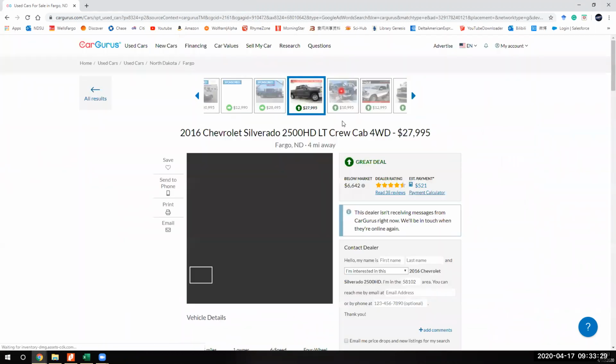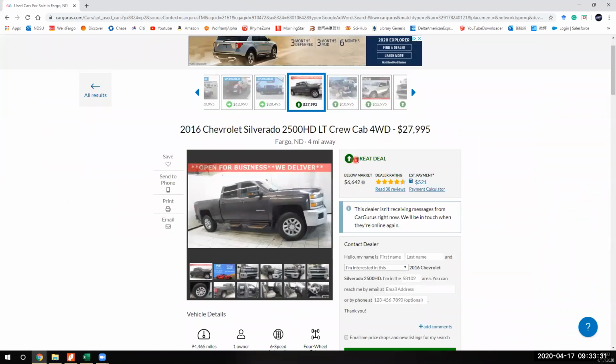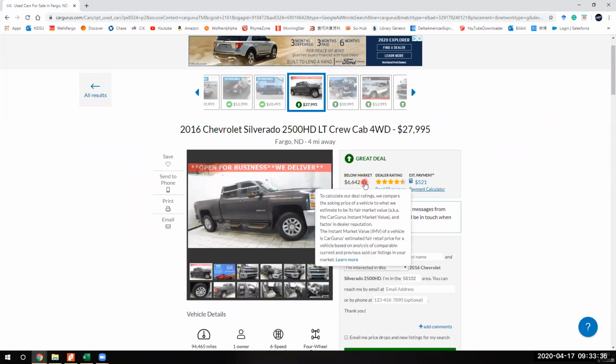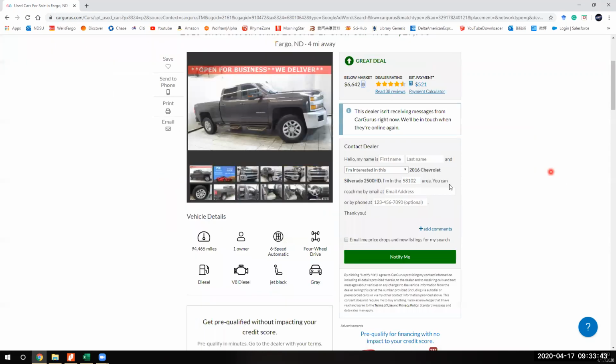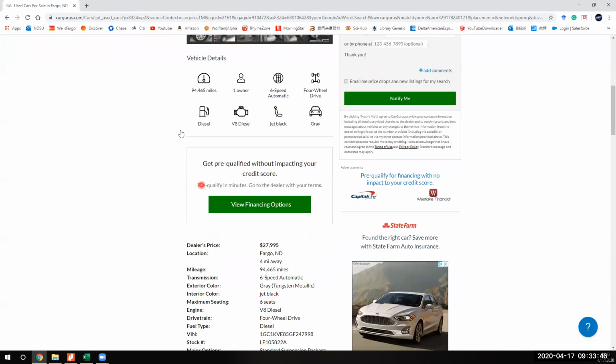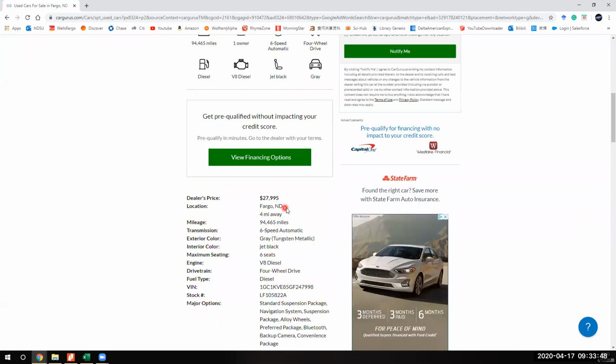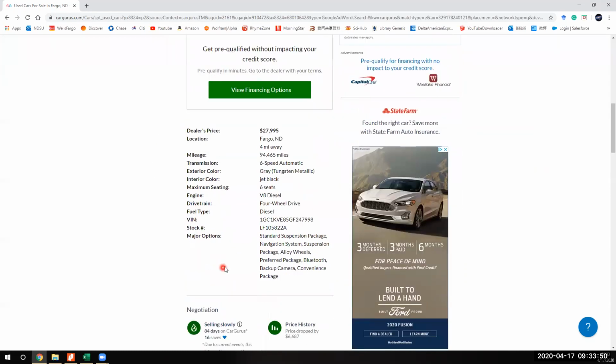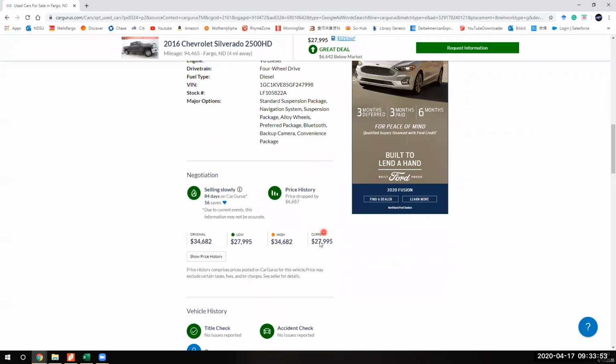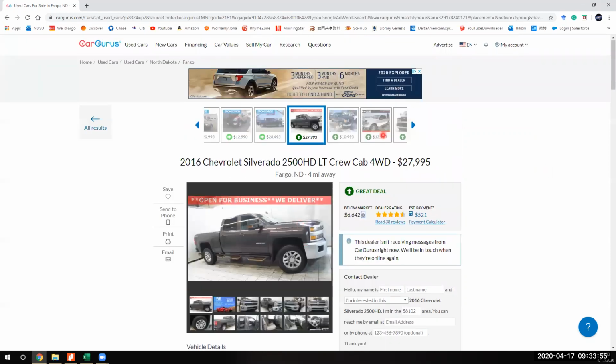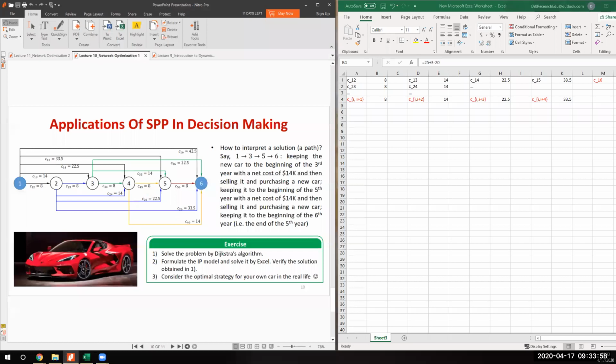For example, let's choose this car, and it's going to tell you it's a great deal, and it's below the market by $6,642. The question is, how did they calculate this number? Because this number is for specific cars, and you have to consider many different factors: the trim, the brand name of the car, how many miles, the maintenance, a lot of different things. You may not believe it's similar to this type of problem, this type of model, but it's going to be more complicated.